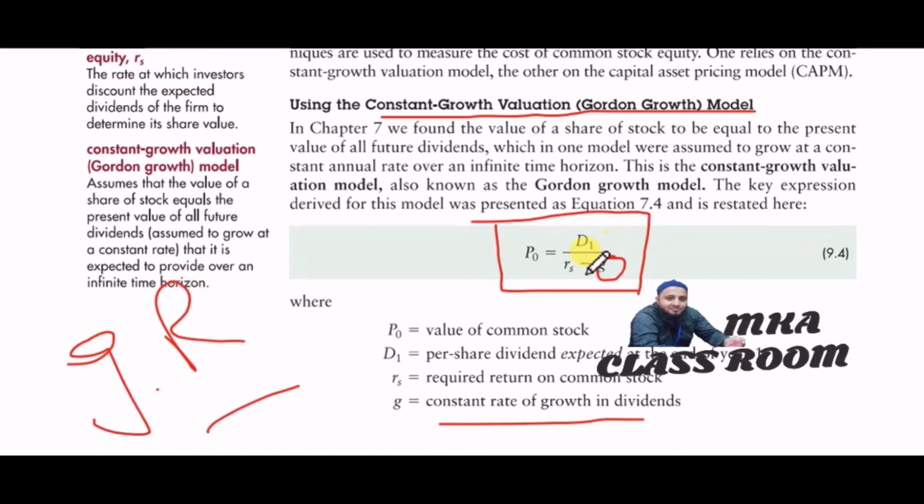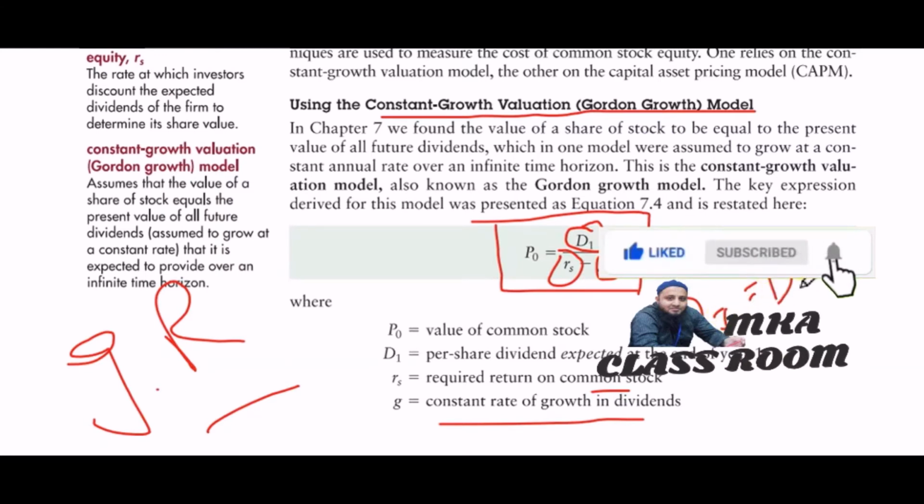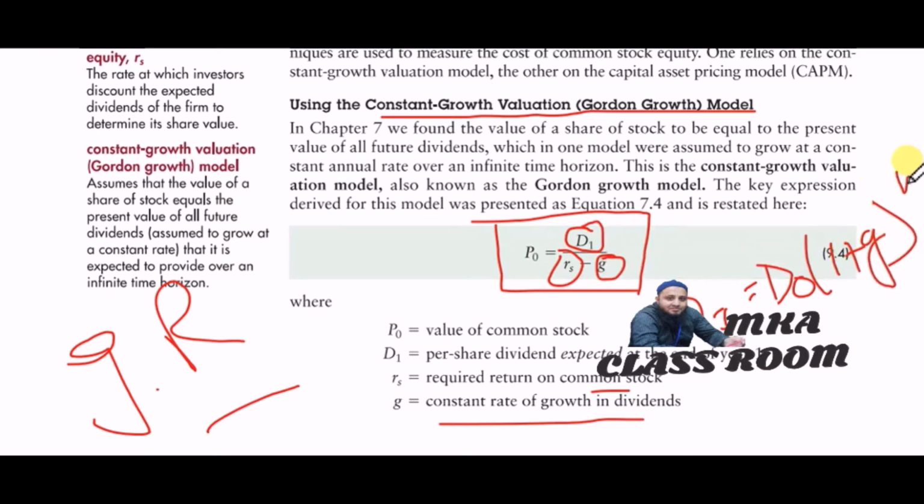G represents the constant growth rate. It may be 5% increase per year. RS is the required rate of return on common stock, and D1 represents the expected dividend after 1 year. So D1 can be calculated as D naught into 1 plus G power N. Here it should be D1, that means after 1 year the dividend.